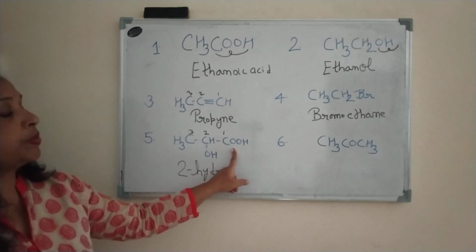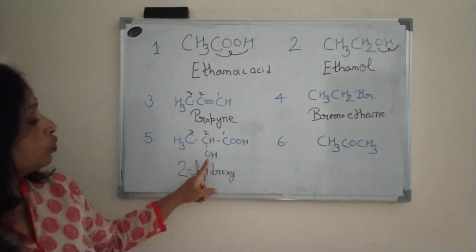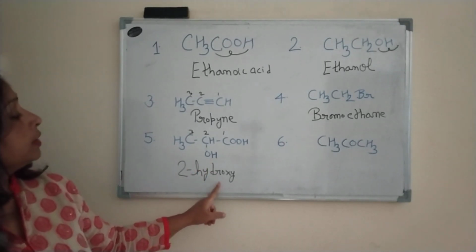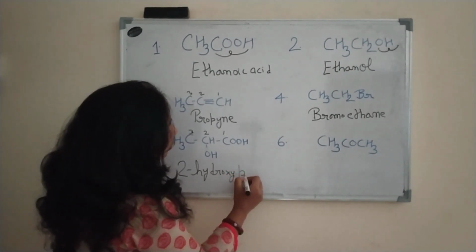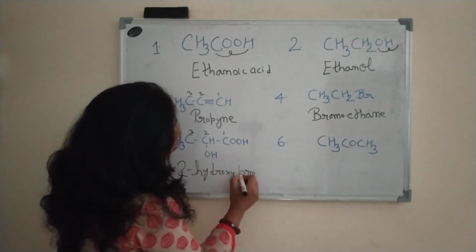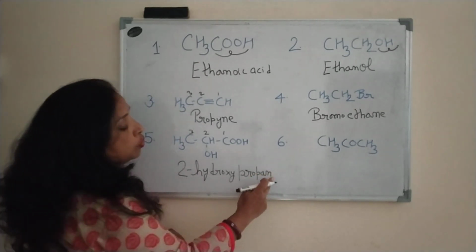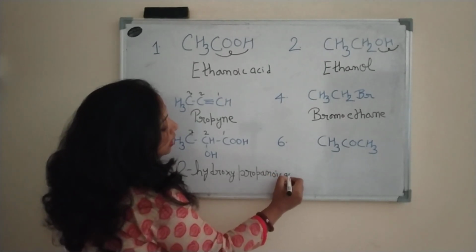Because the senior-most group, the carboxylic group, is present here. There are 3 carbons, so for 3 carbons we add propanoic acid.